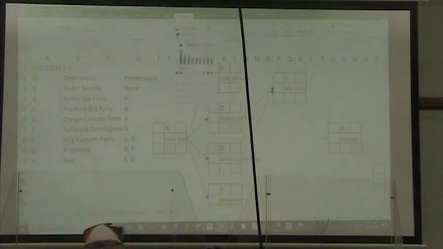Go ahead and do the shape outline. All right, so that's how I ended up having to do that. And F can be just a straight arrow.